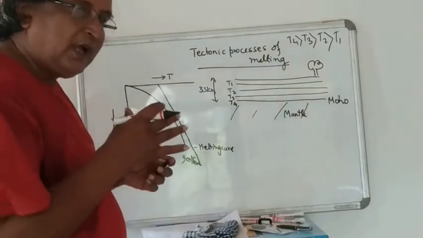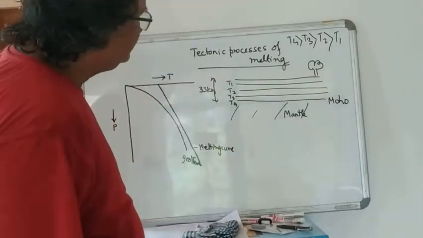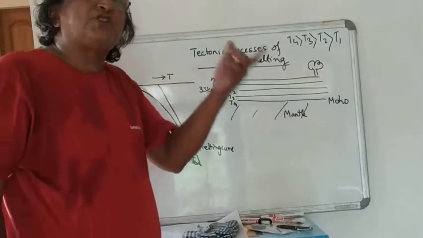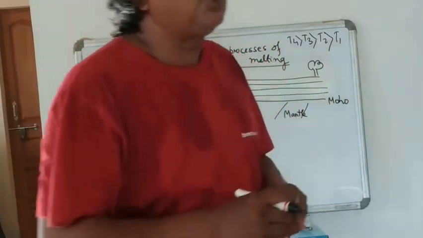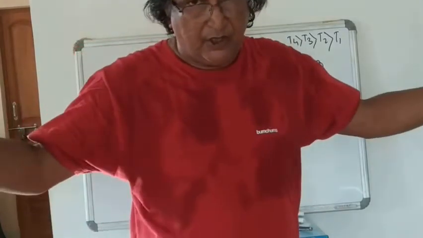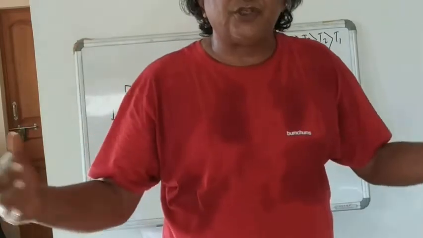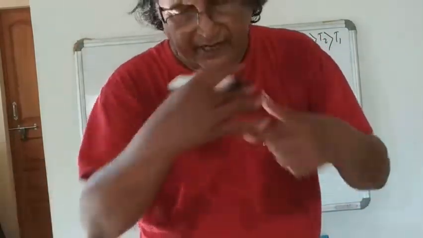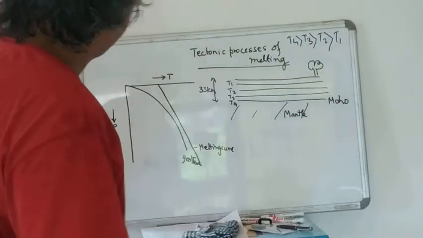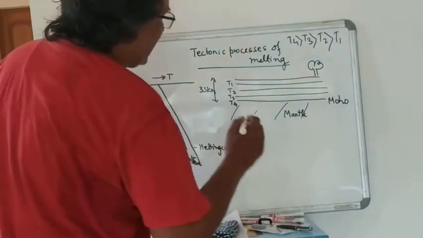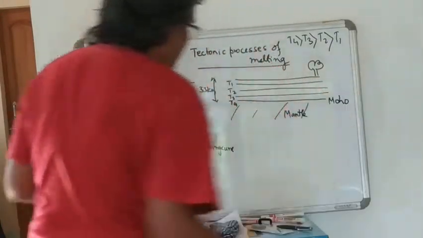Let's imagine this. Due to some tectonic processes, normally some sort of extensional processes, like in mid-oceanic ridges or divergent margins. Let's say because of this extension, what happens? If you extend the crust, then the stretching is in this direction.